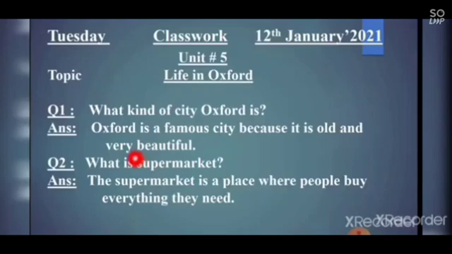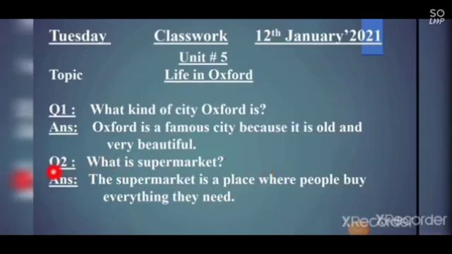Then again give some space, and beautiful, BEAUTIFUL, beautiful. Oxford is a famous city because it is old and very beautiful. Oh yes, you have done this question number 1. Very good, students.